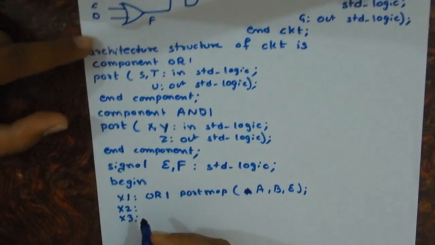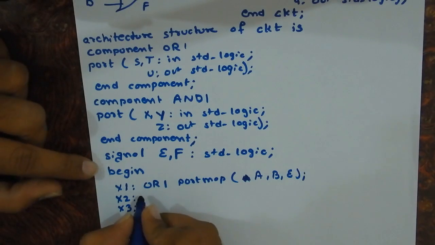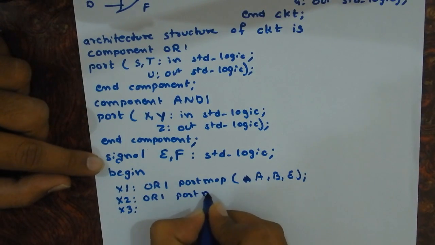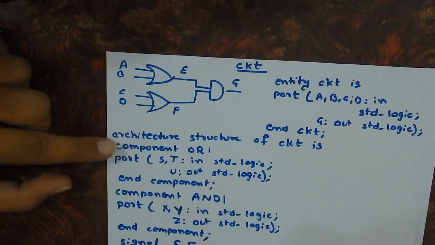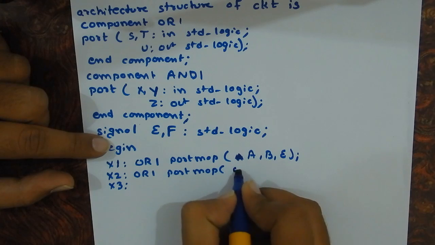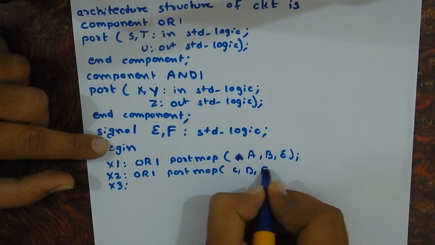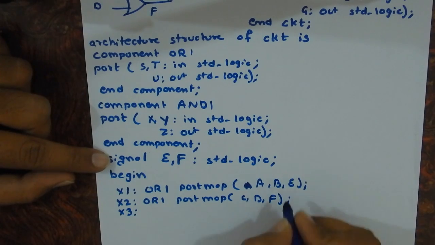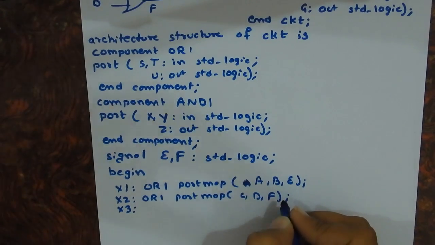The second instance is also of the OR gate. So right here OR1, again port map, and in the entity it was named as C, D and F. So right here C, D and F, same as the entity, and we are using here the intermediate signals also.